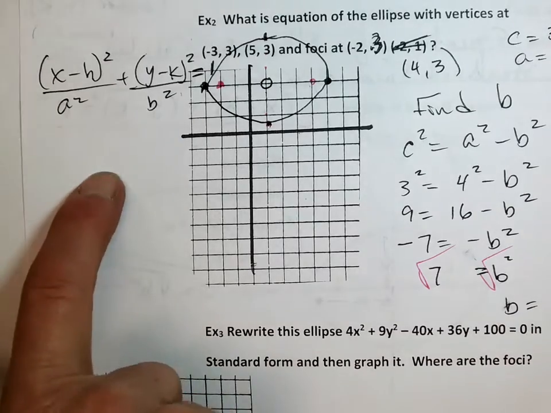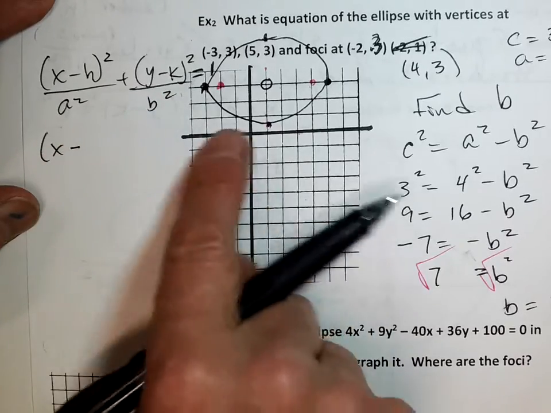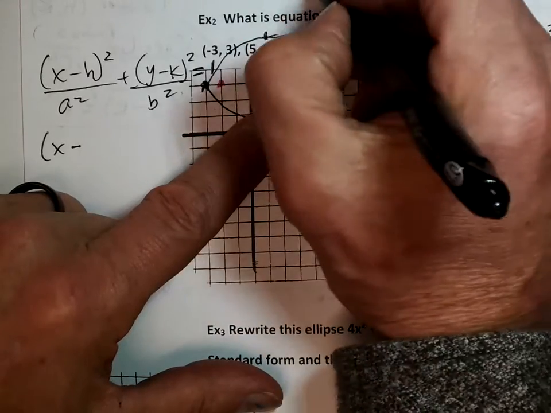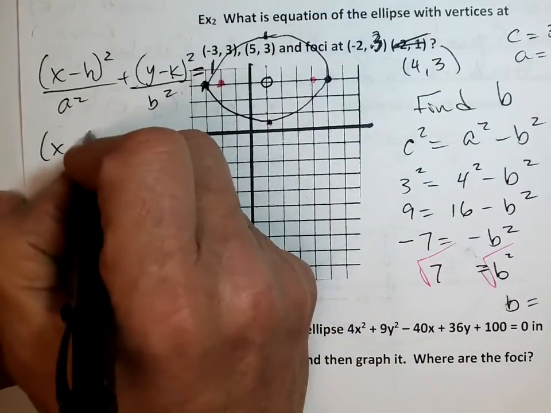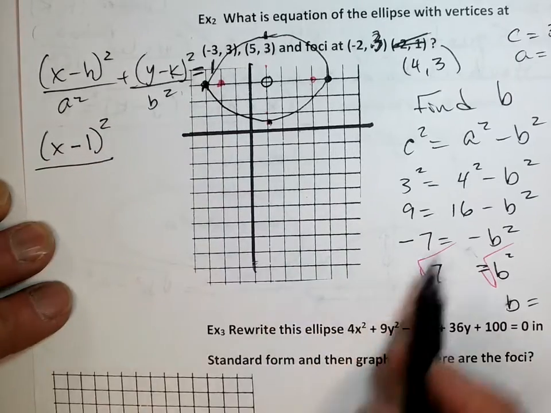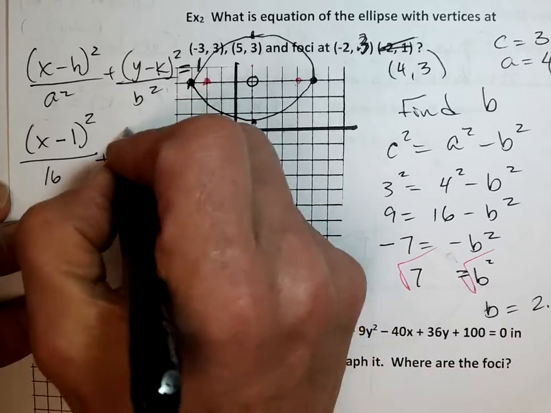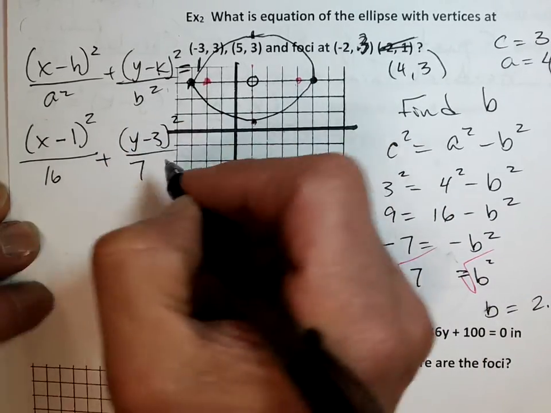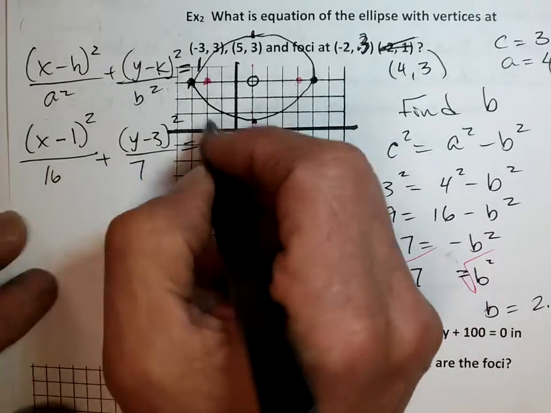My center is at 1, 3, right? So I'm going to go (x minus 1) squared over a squared, or over 16, plus (y minus 3) squared over 7, because that's b squared, equals 1. There's my equation.